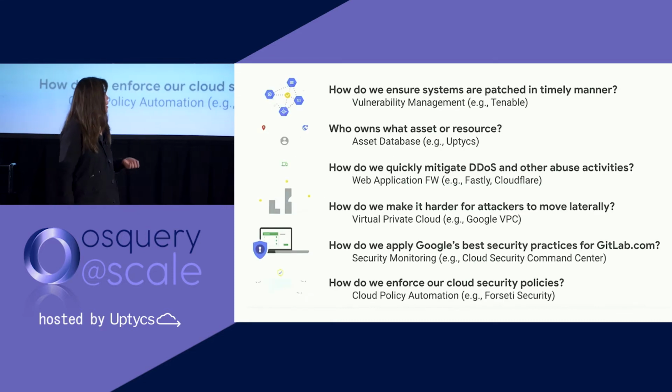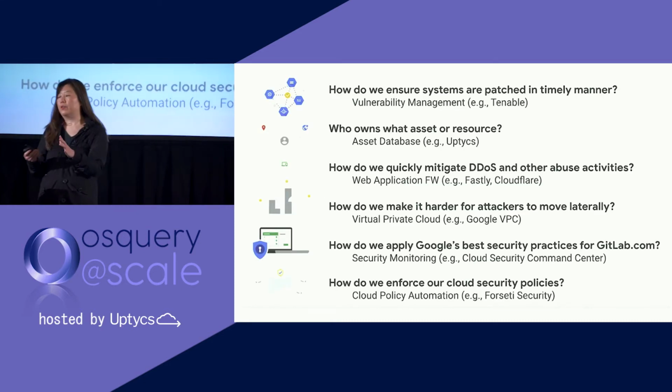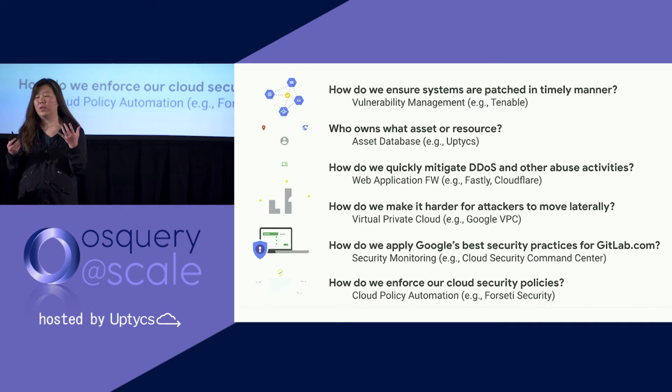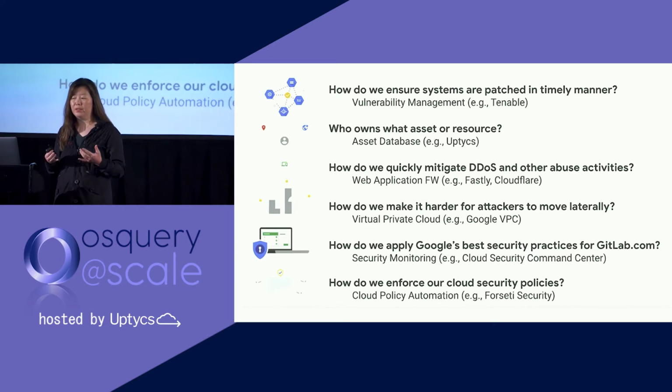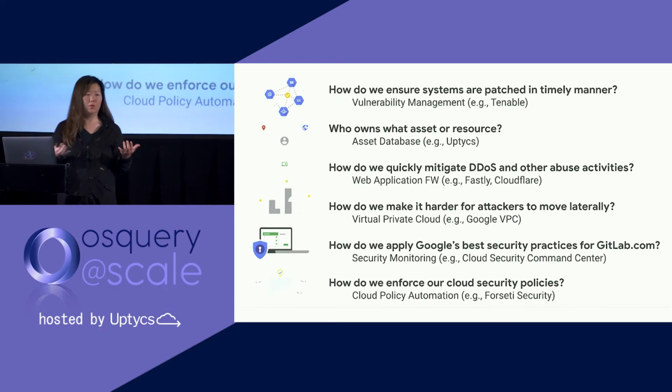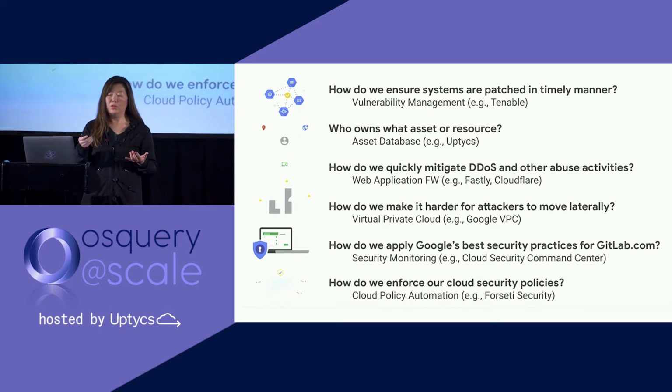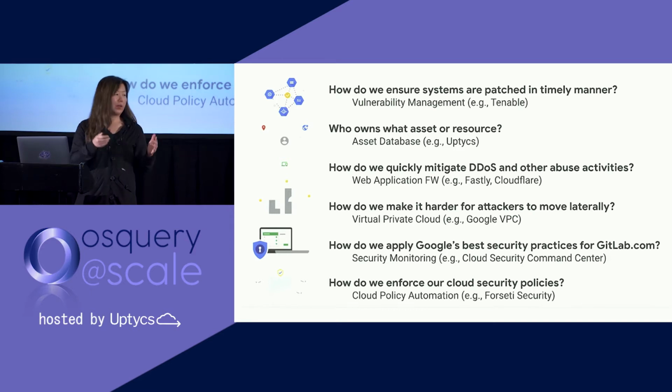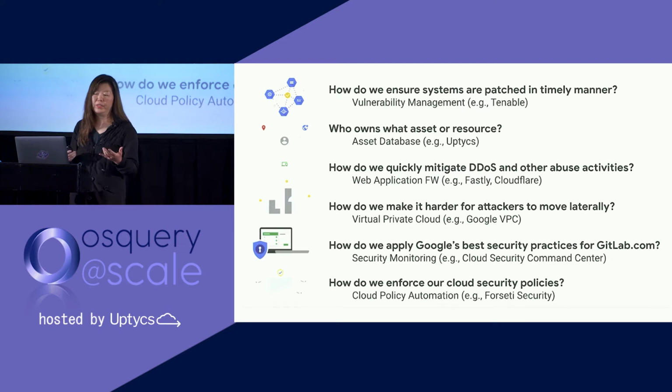So then after that, we thought more about what are the different questions that we want to ask to solve different problems. And so we're looking at how systems are patched, who owns what. And the who owns what asset or resource ties into what I was saying earlier about one of the considerations of what Zero Trust is.